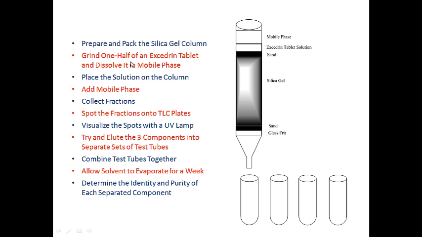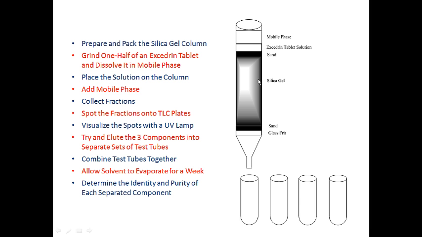So the first thing we have to do is prepare and pack the silica gel column. In the spinach experiment, what you did was you dry packed the column. In other words, you put the silica gel, or in that case alumina, into the pipette, and then you added solvent to create the packing of the stationary phase, starting with dry stationary phase, and that's what most people call dry packing.